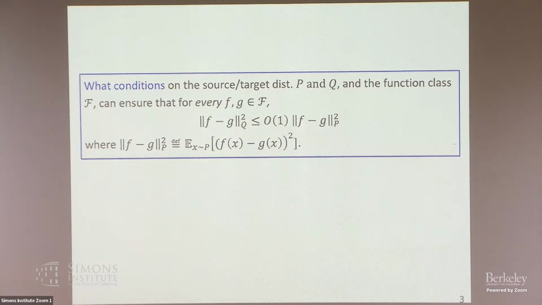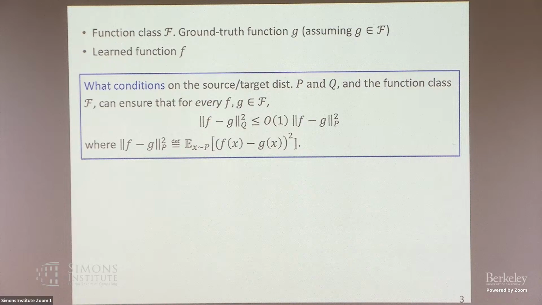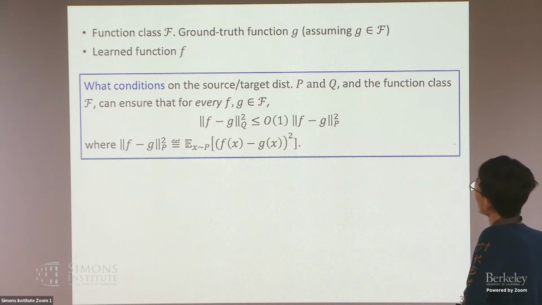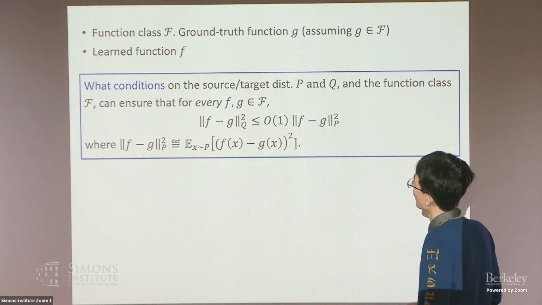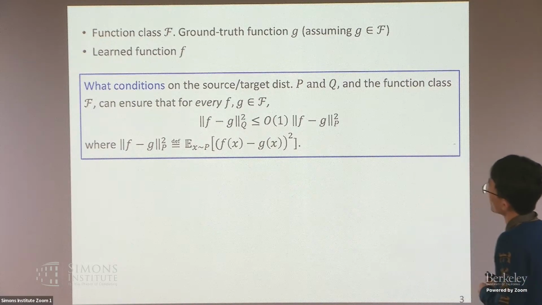So let me set up some notation. The function class is capital F, the ground truth function is called g, and let's assume g is in F. Everything is the simplest possible, and the learned function is called f.